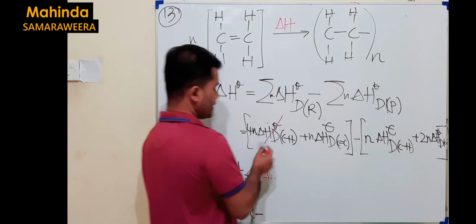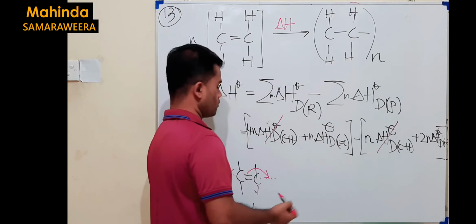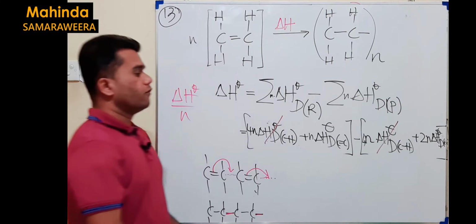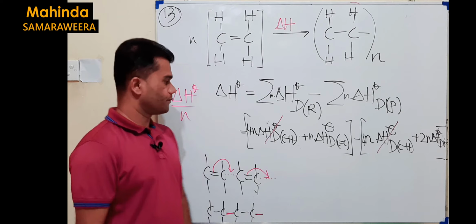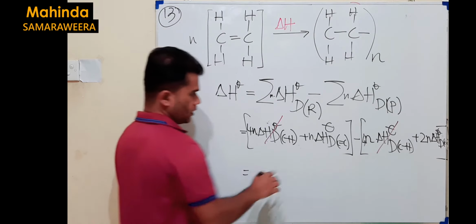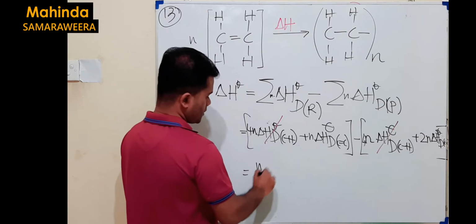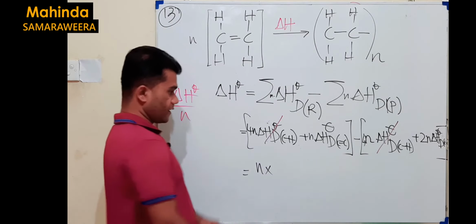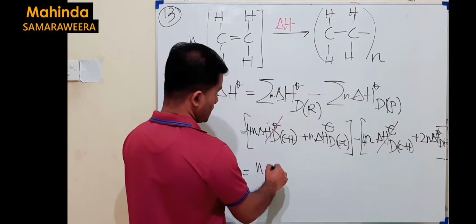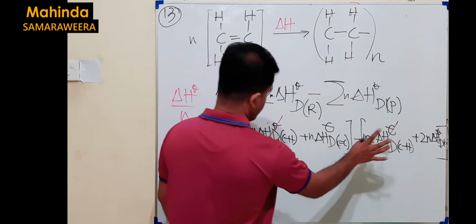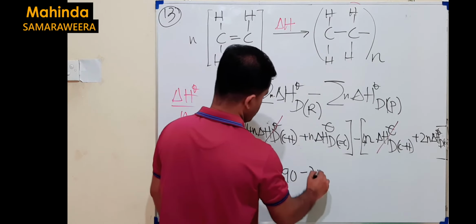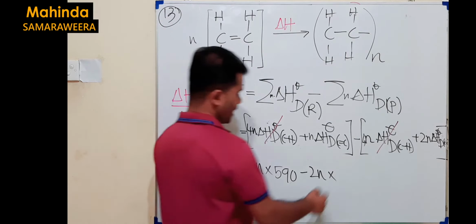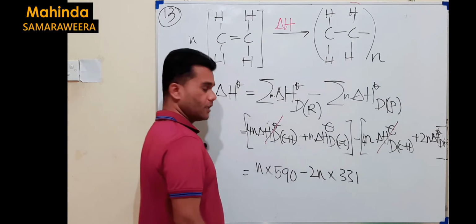You know, 4n D(C-H) and 4n D(C-H) cancel out. What's remaining here? n times D(C=C) double bond, which is given as 590, minus 2n times the value for the C-C single bond, given as 330, but I asked you to change it to 331.